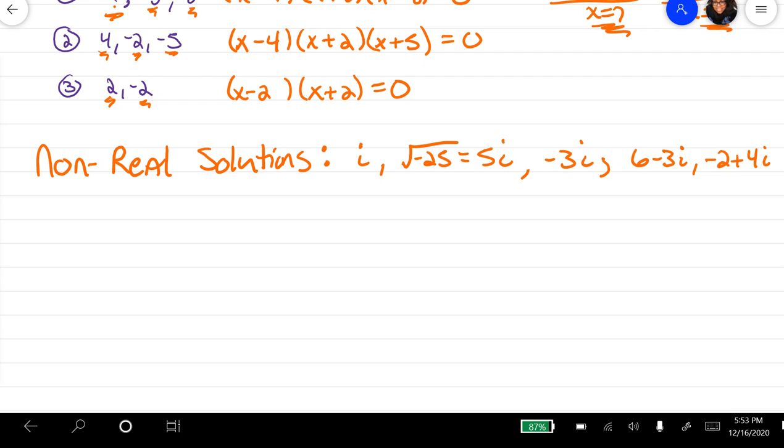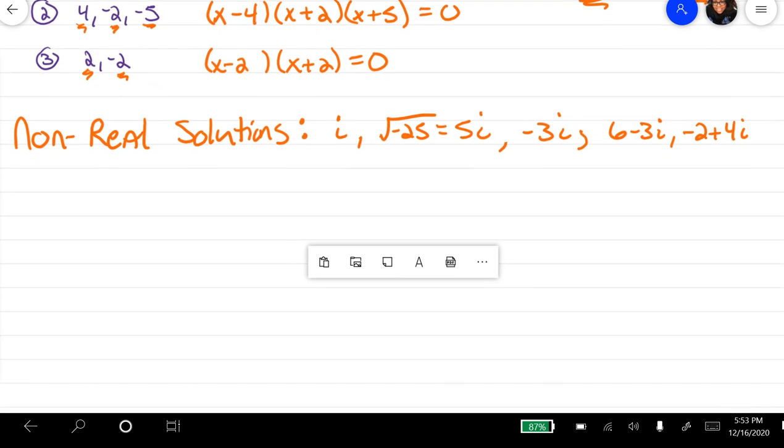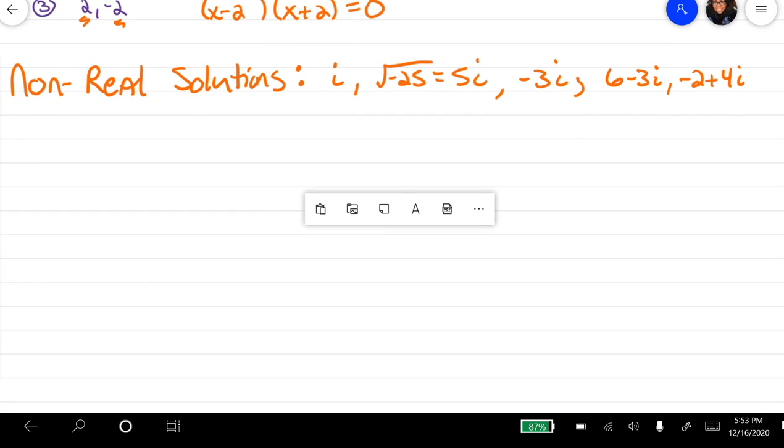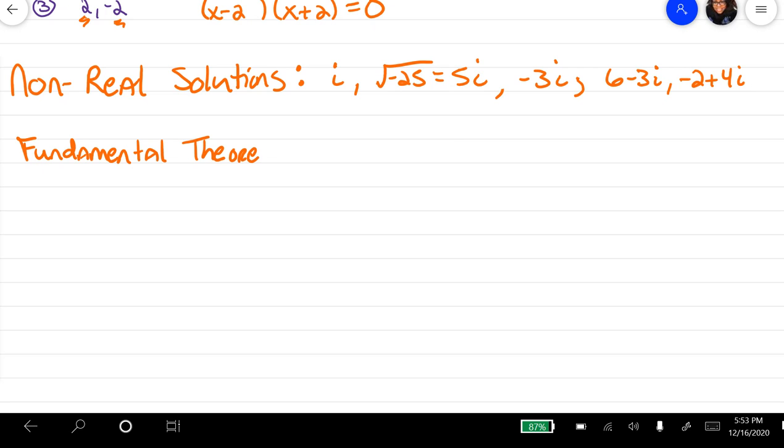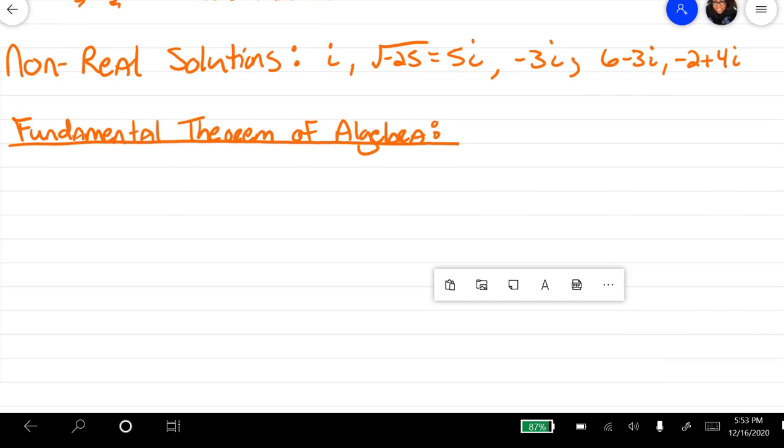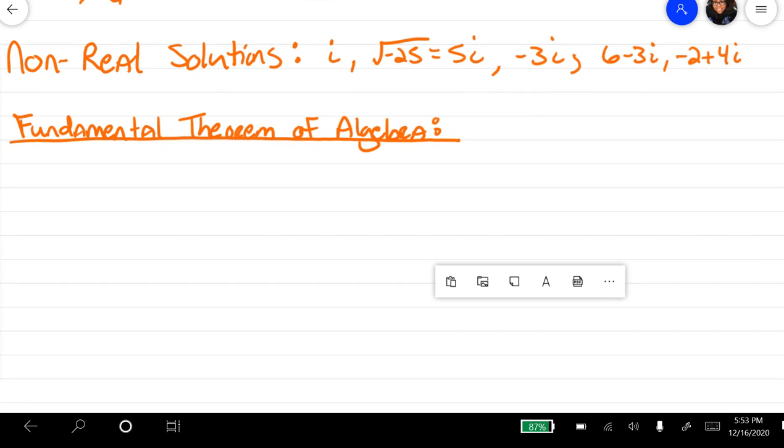Now, when they are not real solutions, things are going to change a little bit. And this is when we're going to use this theorem. It's called the fundamental theorem of algebra. What this theorem says is the following.